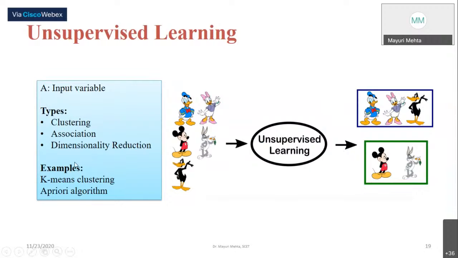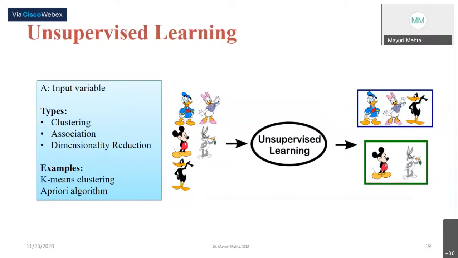And based on the machine learning task, unsupervised learning can be divided into three major categories: clustering, association, and dimensionality reduction. Segmenting customers in different groups by their purchasing behavior is the example of clustering. Example of association is market basket analysis.